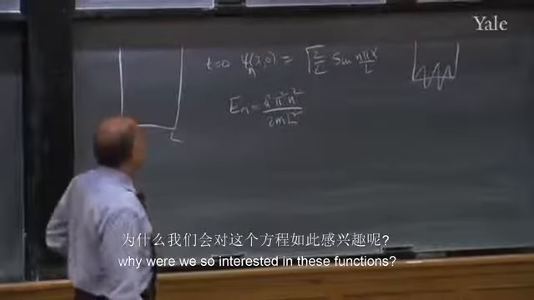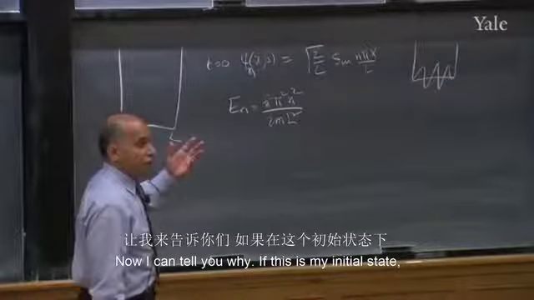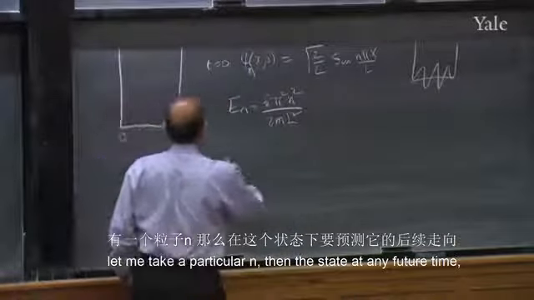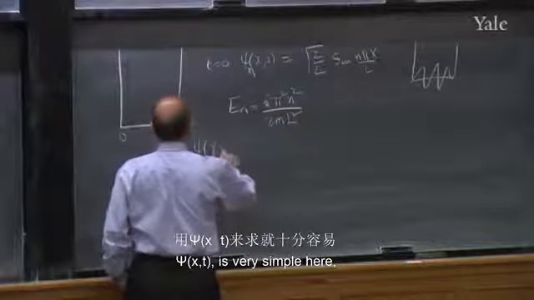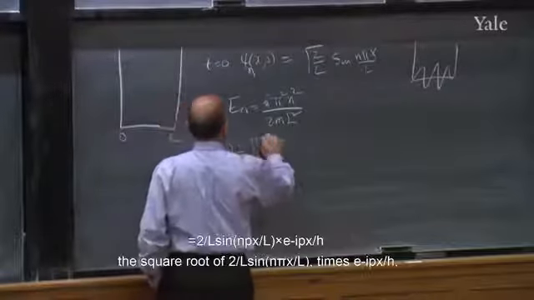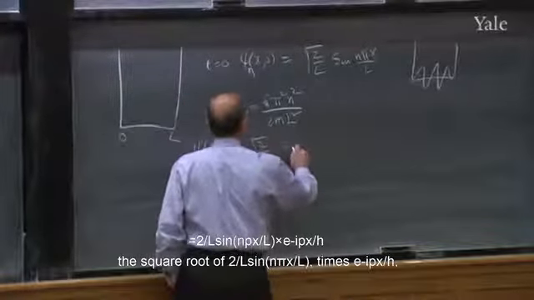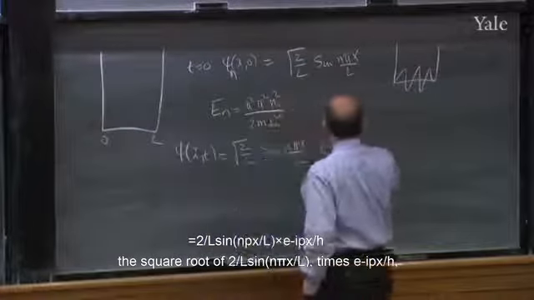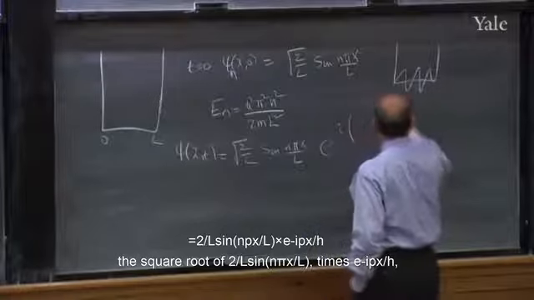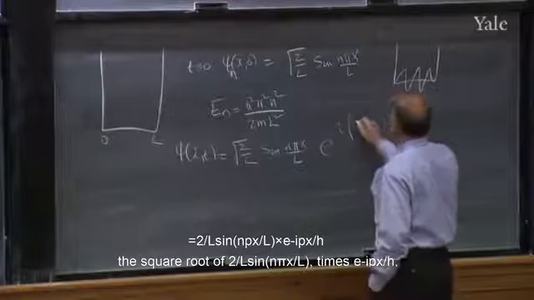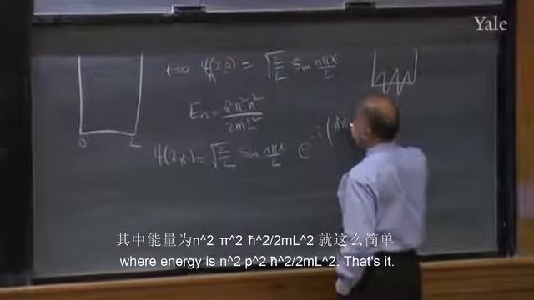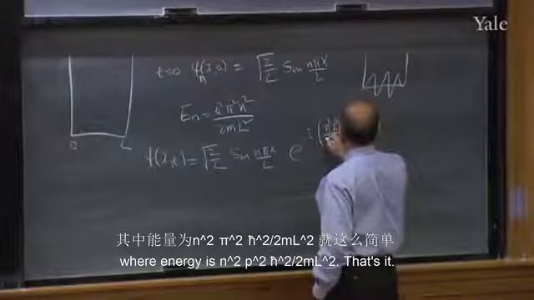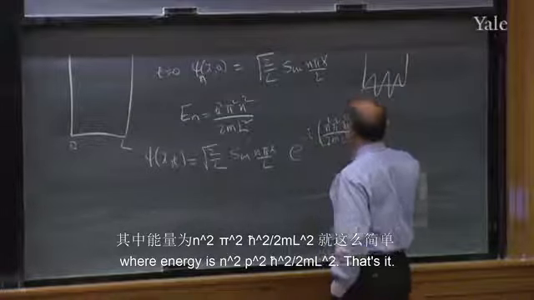And the reason why we'll be so interested in this function, now I can tell you why. If this is my initial state, let me take a particular n, then the state at any future time, psi of x and t, is very simple here: square root of 2 over L sine n pi x over L times e to the minus i t over h bar, but energy is n square pi square h bar square over 2m L square.